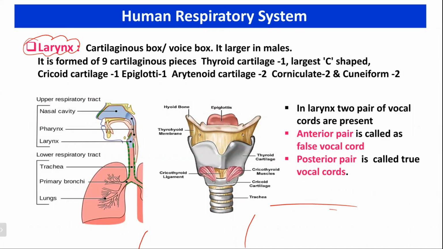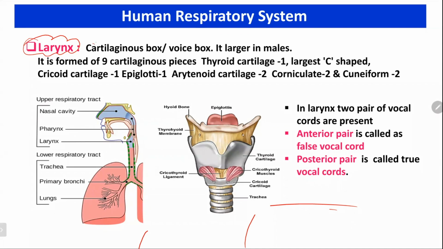First one, the external nostrils, then nasal chambers, then internal nostrils, then pharynx. In pharynx, we have seen three parts: oropharynx, nasopharynx, and laryngopharynx. Now you see one more component. We are going to discuss the fifth component of the respiratory system, that is larynx.